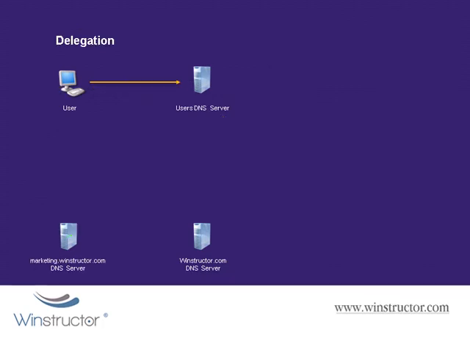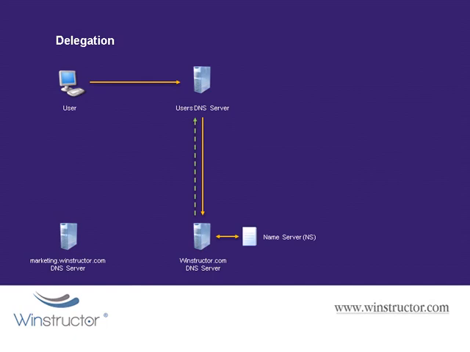So if our user out on the internet wants to access a host on the marketing.winstructor.com domain, he'll first contact his own DNS server. The DNS server will contact the DNS server that's authoritative for the winstructor.com domain. This server knows that it isn't responsible for the marketing.winstructor.com domain, but it does know who is responsible, as it has an NS record that tells it to forward all marketing.winstructor.com requests to the server listed in that record.